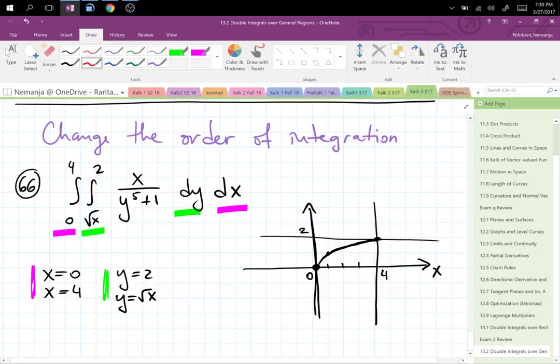Now both regions start at 0 and end at 4, right? This upper region ends at 4 in a point. The bottom region ends in this interval of 2. So both regions fit here. Now look at this region here. It says that the upper is 2 and the bottom is root x. So it's this one right there.